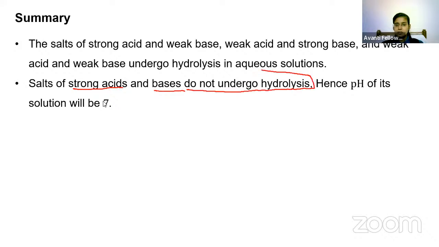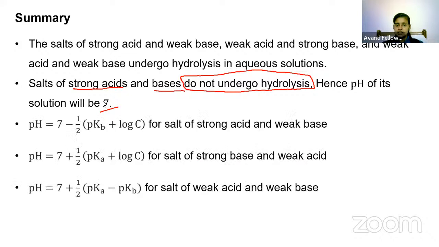So the pH of all the solutions which have this type of salt will be 7. The pH will remain unaffected. And if you have to find out the pH for the remaining 3 combinations, you have to memorize these 3 formulas. Okay, clear?